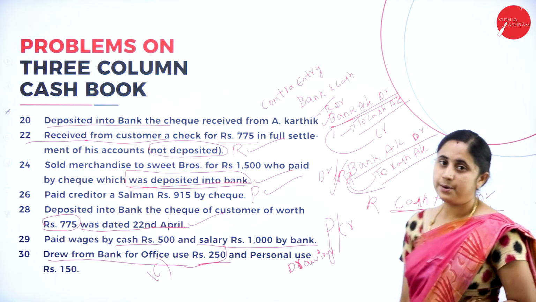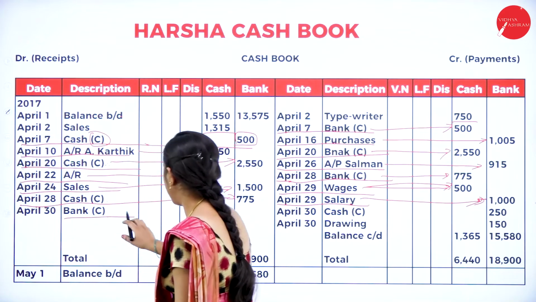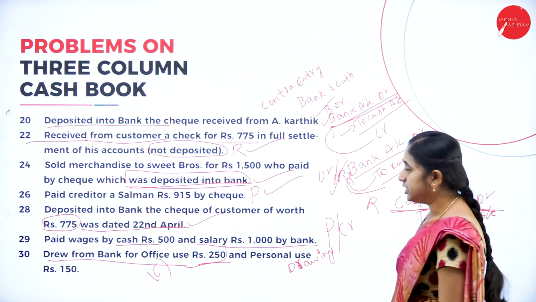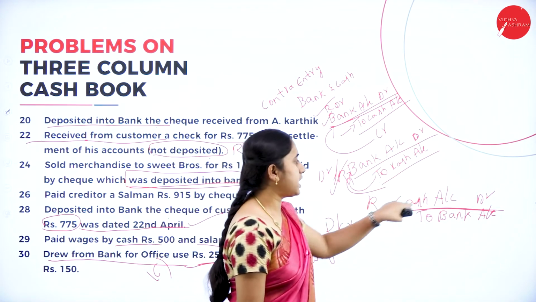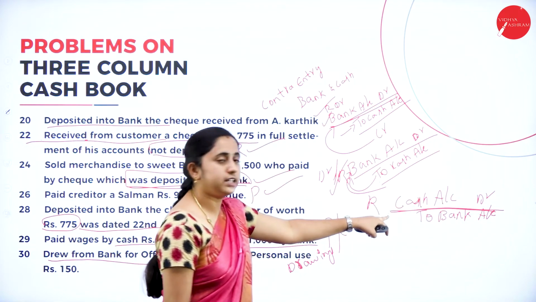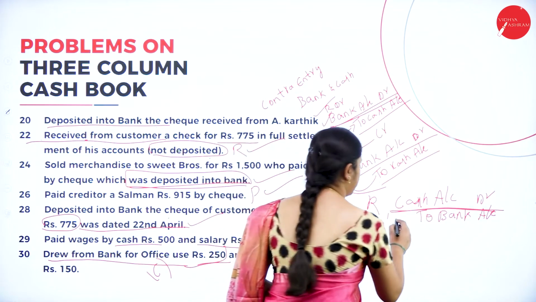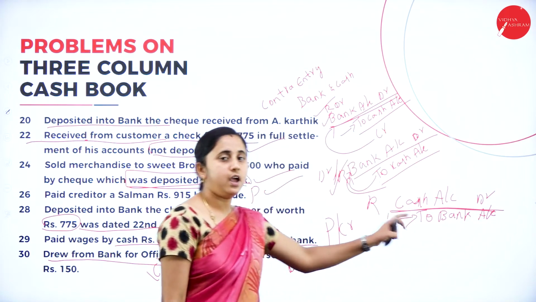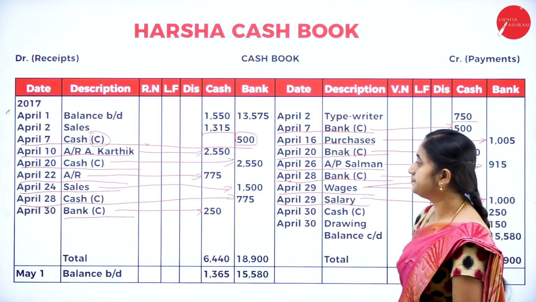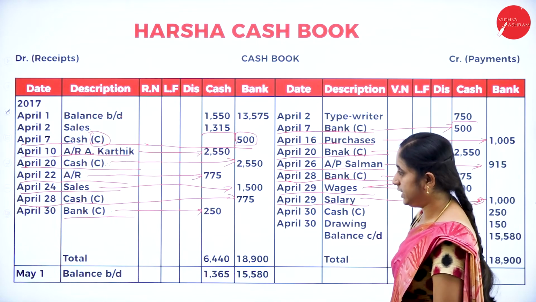April 30th, first post this cash transaction in the cash book. Here cash is debited. So write in the debit side, that is receipt side, bank account rupees 250. Amount in the cash column. Bank account amount in the cash column rupees 250.